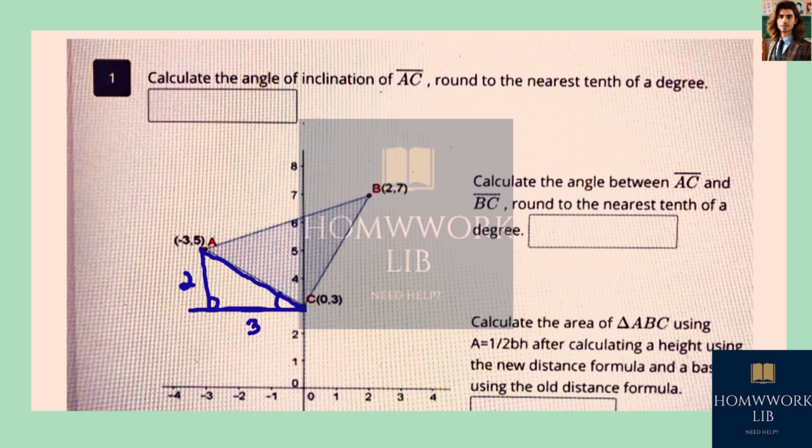So you could do tangent of the angle, which would be here, equals opposite over adjacent. So it's the inverse tangent of 2/3.